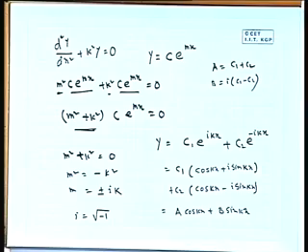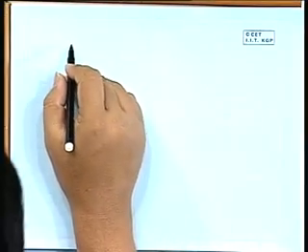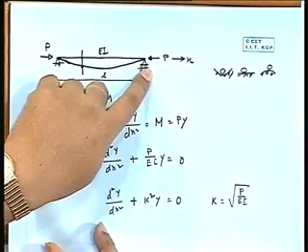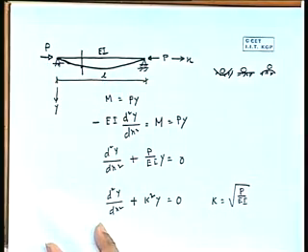So deflection is 0 at both the ends. So at x equal to 0, your y equal to 0, at x equal to L, your y equal to 0, right. So we come here, so I can show you the beam. So we have started with this beam. So at x equal to 0 and x equal to L, deflection will be 0.